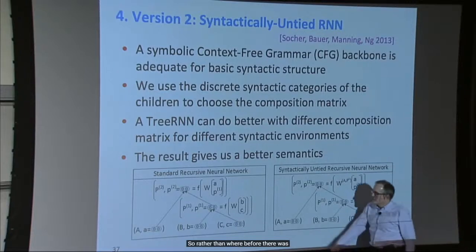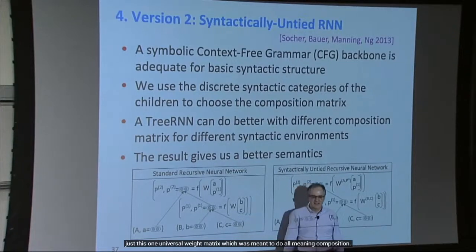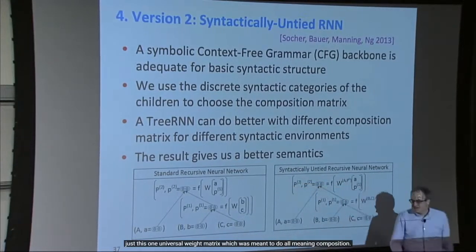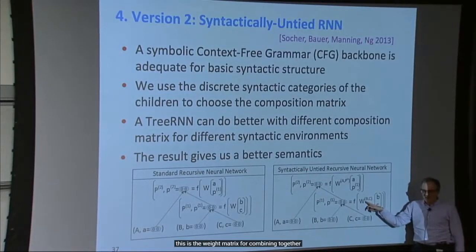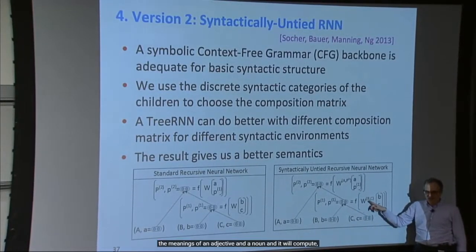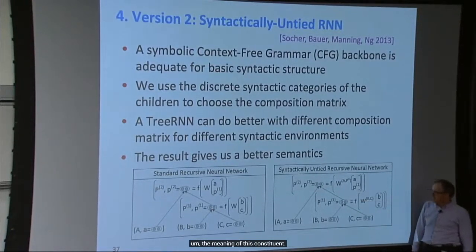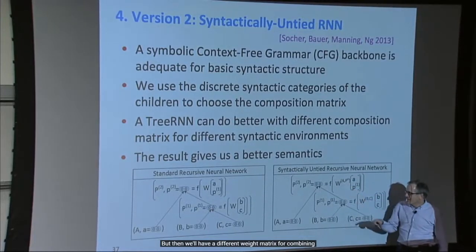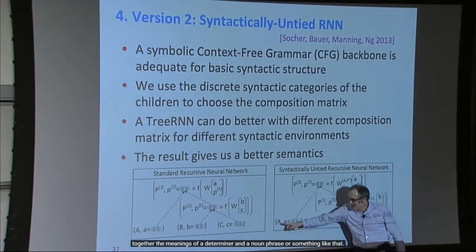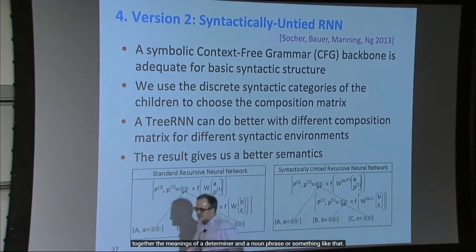So rather than before, where there was just one universal weight matrix meant to do all meaning composition, here we can have a weight matrix for combining together the meanings of an adjective and a noun, and it will compute the meaning of this constituent, but then we'll have a different weight matrix for combining together the meanings of a determiner and a noun phrase or something like that.